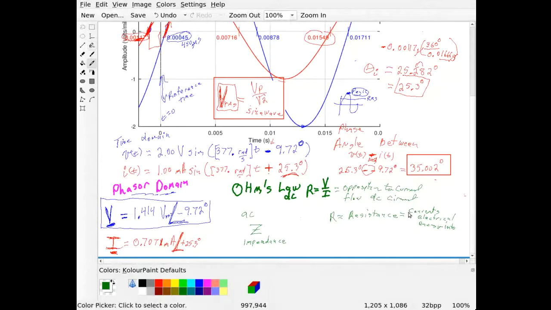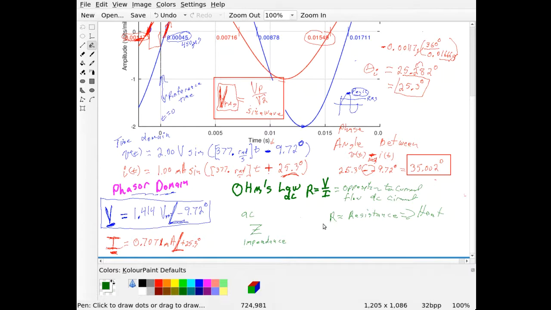Okay, converts electrical energy into heat. I'll just kind of draw an arrow here or something.